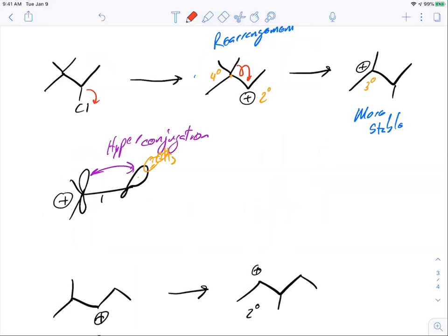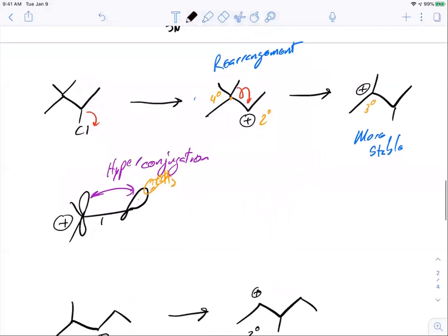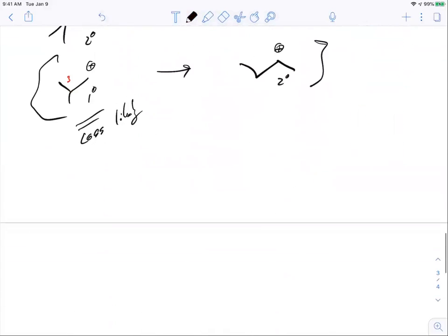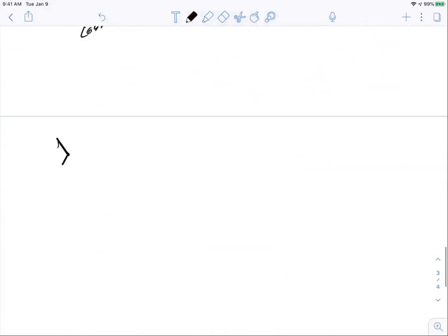Once we have this carbocation, the carbocation then does the reaction. So in this case, I have my original carbocation and I have my rearranged carbocation, and then those react with the nucleophile.